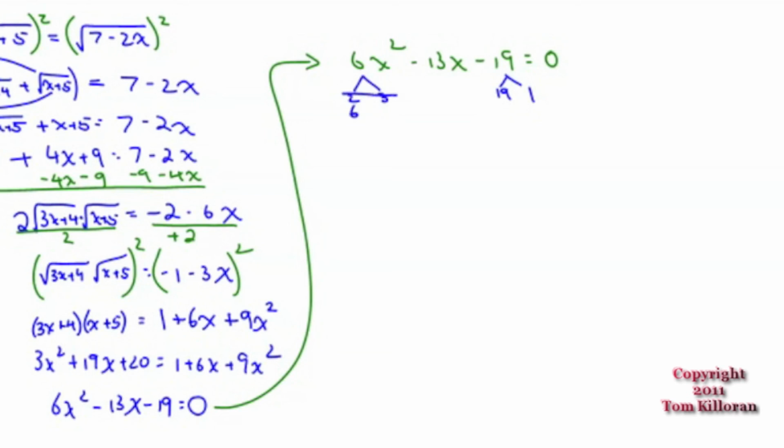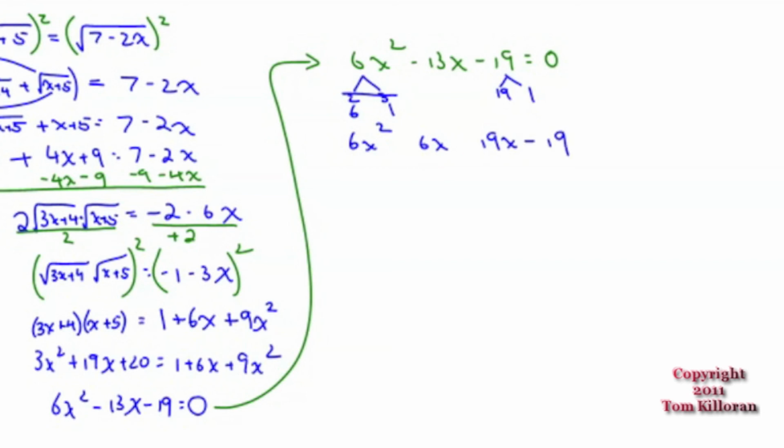How about 6 and 1? 1 times 19, and 6 times 1, 6. And 19 minus 6 is 13. So we don't have to multiply 6 times 19 and go through the whole list of factors. It's going to be 6 and 19. So we're going to break it apart into 6x squared, 6x, 19x, and negative 19.